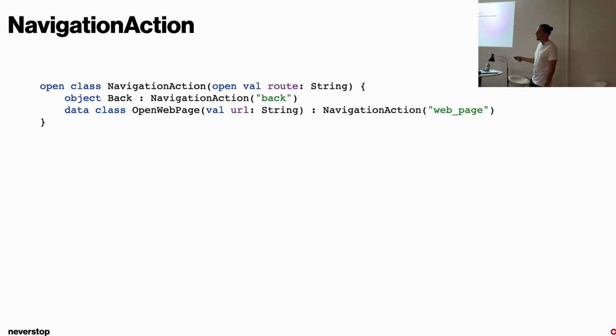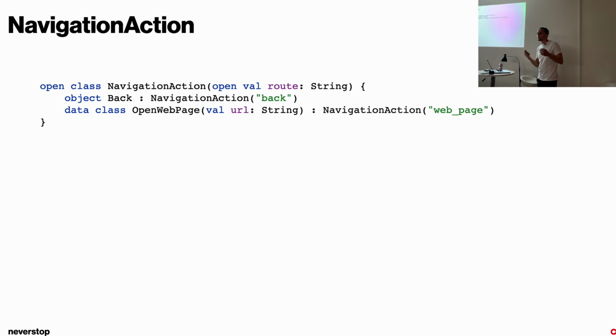It's almost a copy of the class that we saw a couple of slides ago, the screen one. It also takes in the route, but it's named a bit differently. It's called navigation action in our case, and there are also two actions that extend this: back and open web page.